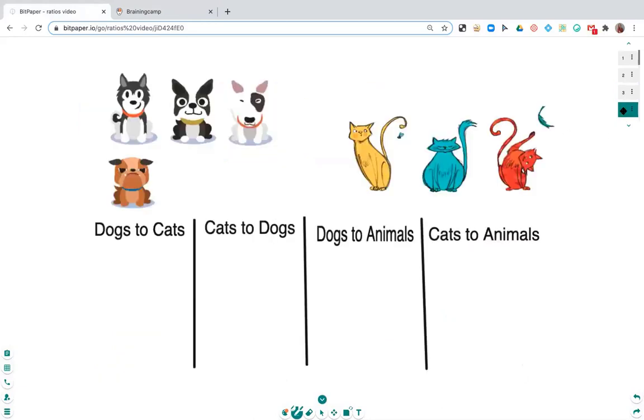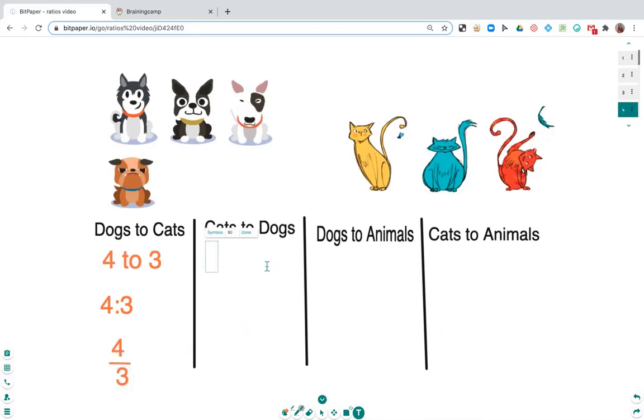Okay, we could do the same thing here if we went through and wrote the ratio of dogs to cats and all these examples. Let's see if we can do that. So dogs to cats would be 4 to 3, 4:3, or 4 over 3.